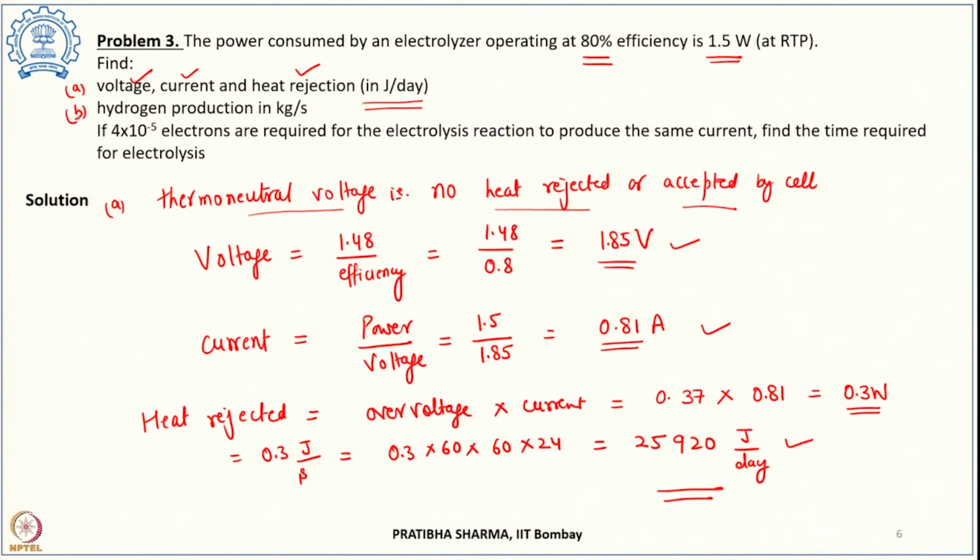Now the second thing which is asked is the hydrogen production, how much hydrogen is being produced in units of kg per second. So let us calculate that part. In part B we have to calculate the amount of hydrogen being produced. Now we know that the current that flows through the cell is the number of electrons times the Avogadro's number, charge on the electron and the hydrogen being produced.